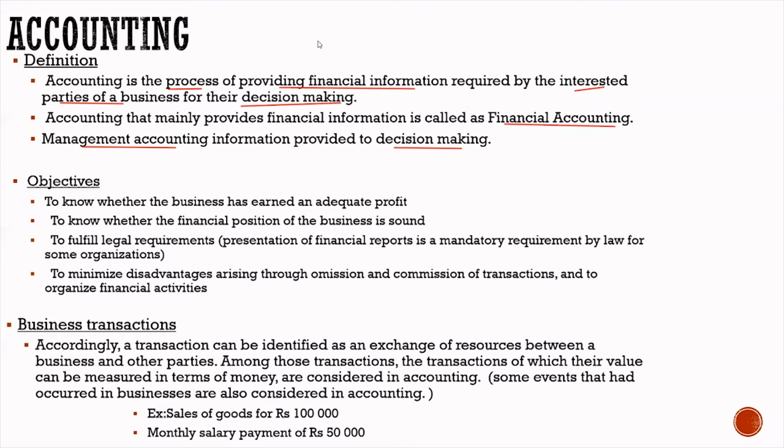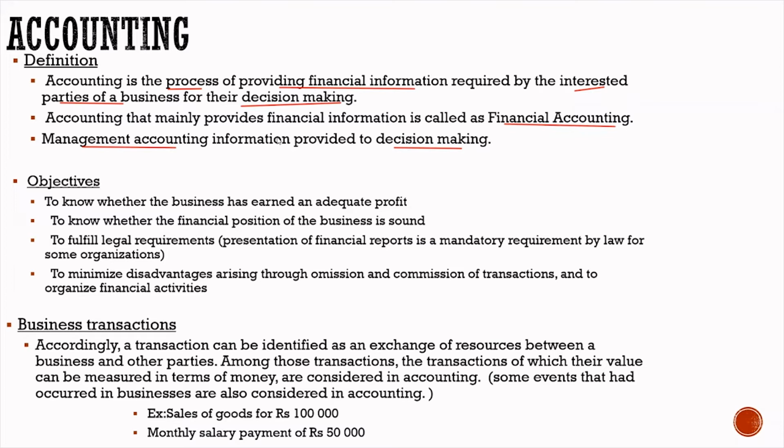Then what might be the objectives of accounting? By doing accounting, we will be able to know whether the business has earned a sufficient or an adequate amount of profit, and whether the financial position of the business is sound, that is whether we are in a good financial position to fulfill the legal requirements.